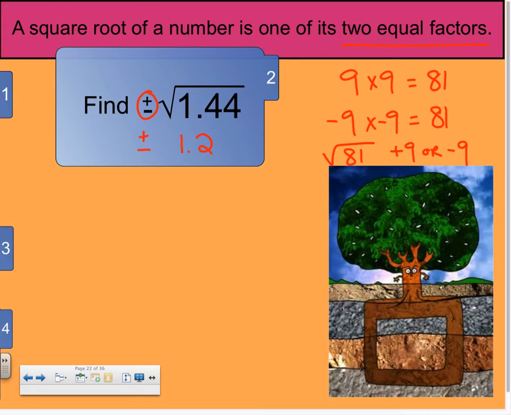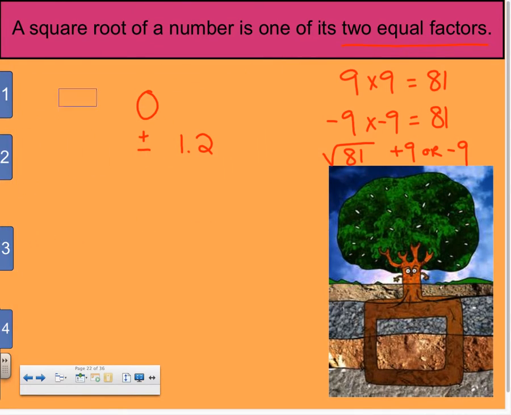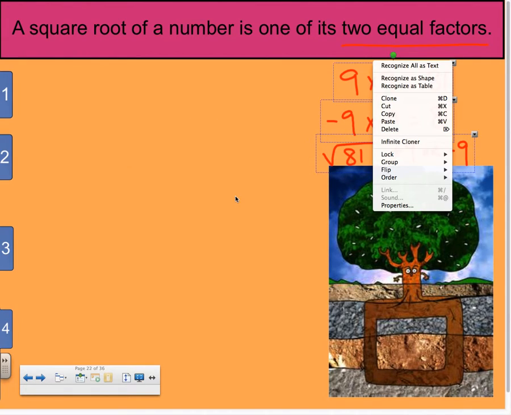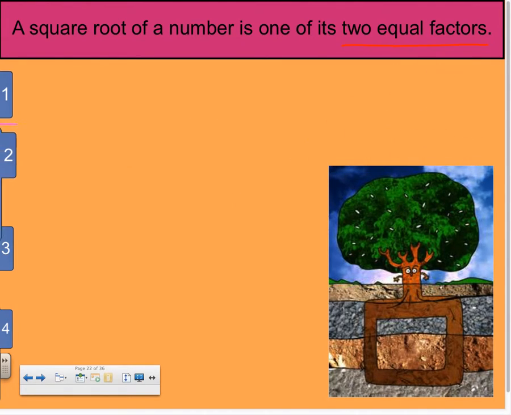So an easy shortcut usually is, if I have plus or minus in front of the radical sign, then I should see plus or minus in front of my answer. So I know that the square root of 1.44 can be positive or negative 1.2. Let's look at yet another example and try to make sure we cover all our bases.